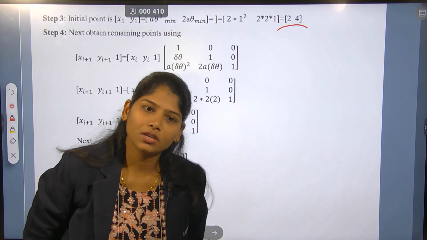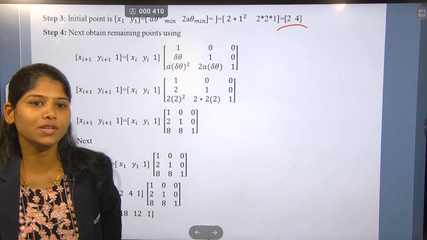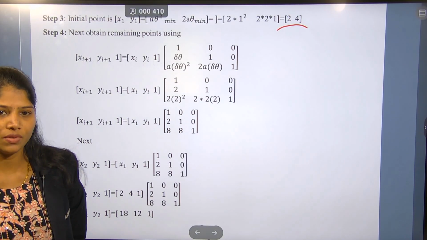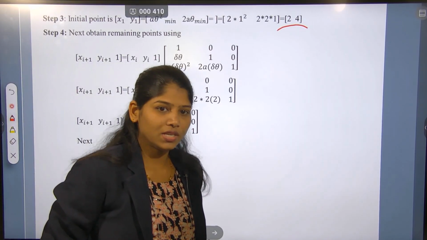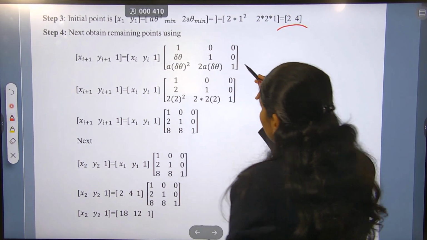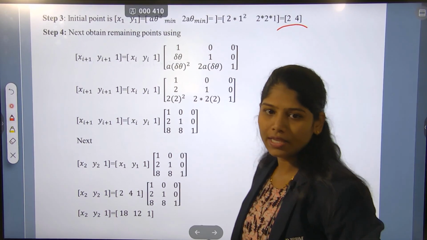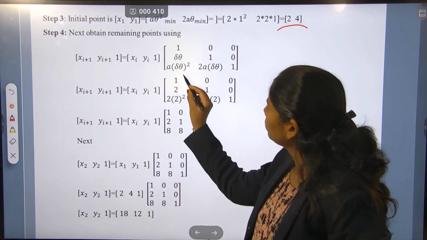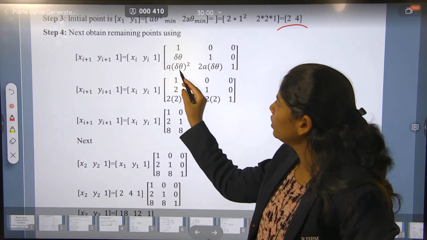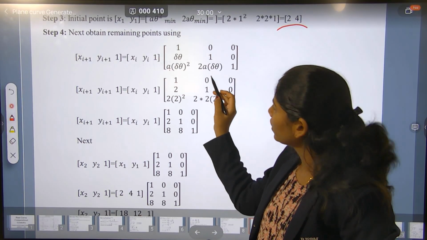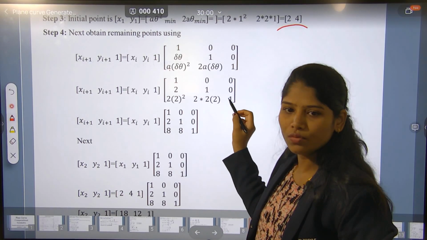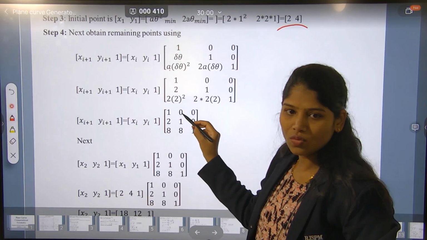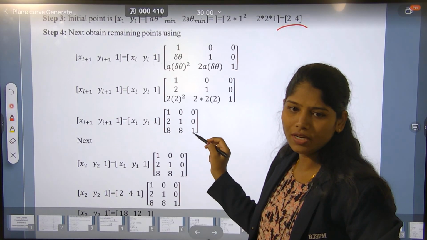Then go for the next. Find out all the remaining points using this formula: xi plus 1, yi plus 1, 1 equals xi, yi, 1 into this matrix. Put the value of del theta in that. So we know the value of del theta is 2. So put here 2, the value of a is 2, del theta is 2. Okay. 2 into 2 into 2, 1. Solve this matrix: 1 0 0, 2 1 0, 8 8 1.